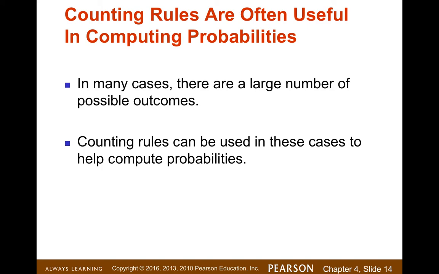We probably all have played the lottery sometime along the way, and you can actually use rules of counting to calculate when it's advantageous, or at least probabilistically advantageous, to play the lottery.